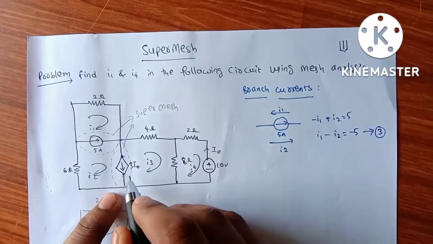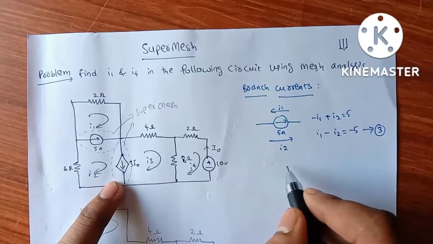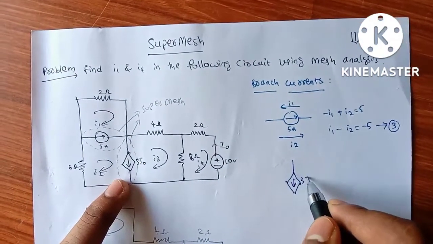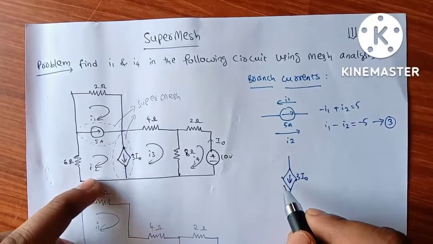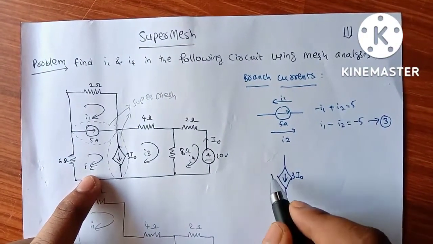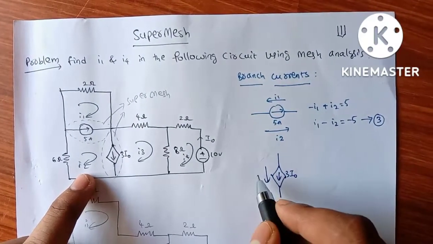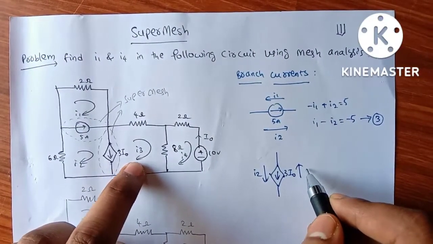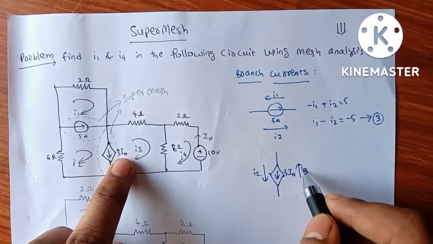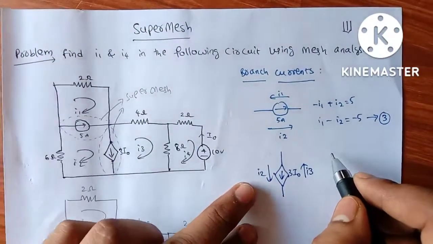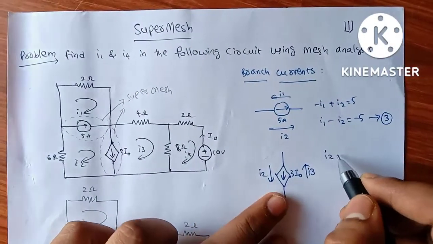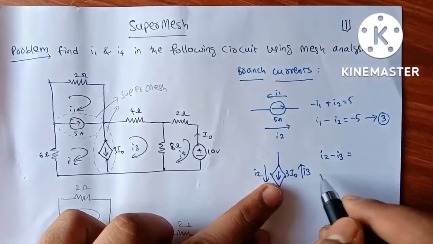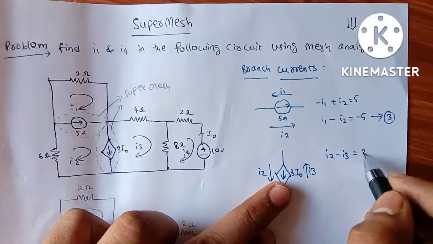Again take the 3I0 current source. I2 is flowing along the direction of I0, and I3 is flowing opposite to the current source, so I2 minus I3 equals 3I0.